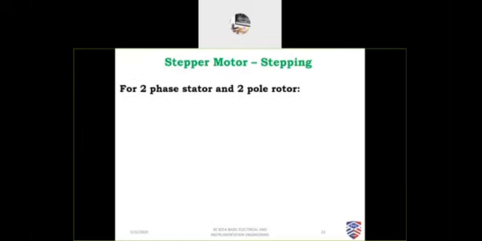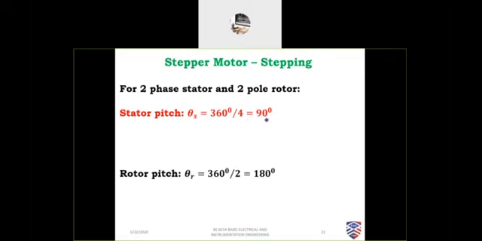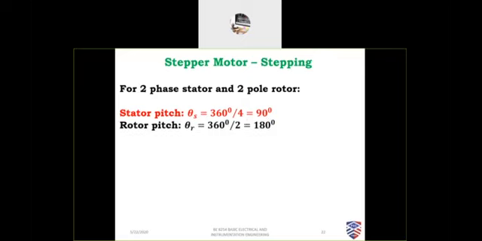Now we take a two-phase stator and two-pole rotor. Stator pitch is 360 divided by 4, because two-phase means we have 4 poles, right? North south, A1 A2 B1 B2. So we have 4 poles, so 90 degrees. The rotor we have only 2 poles, that is 180 degrees.